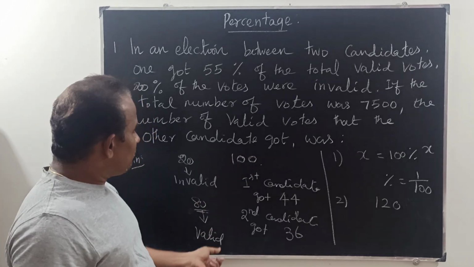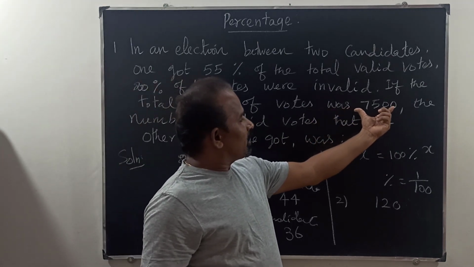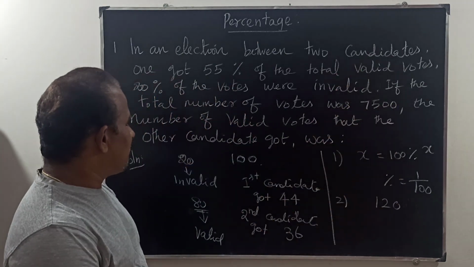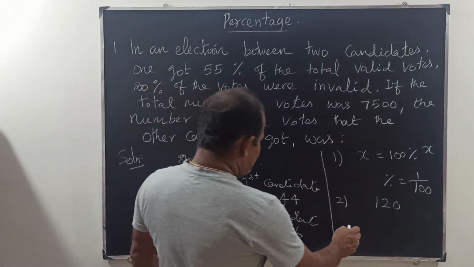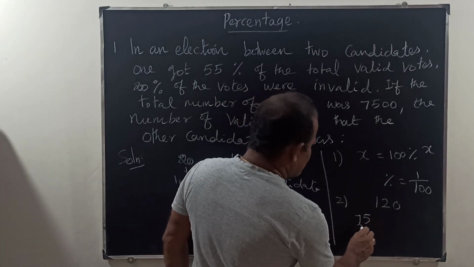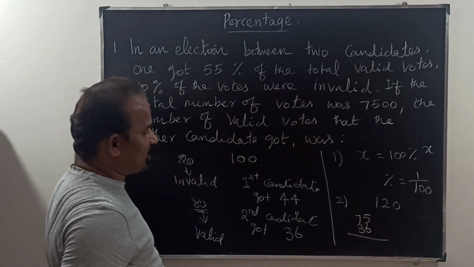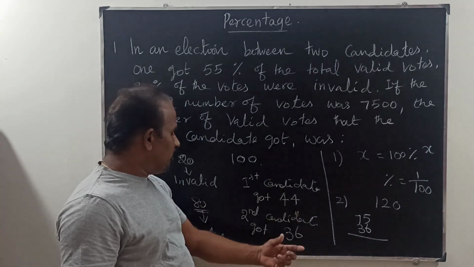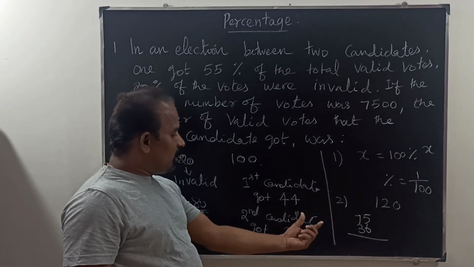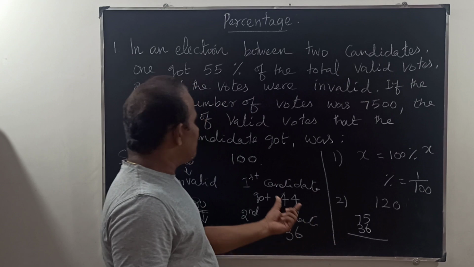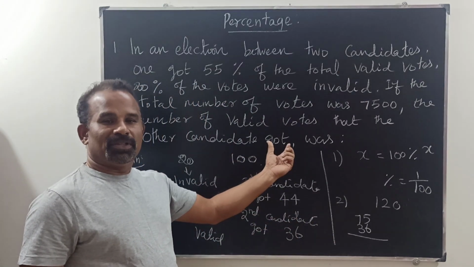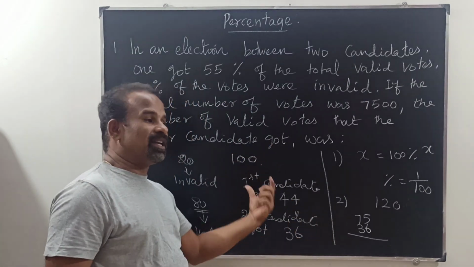Now the total vote is actually 7,500, so we have to multiply. 75 into 36. This is the total number of valid votes the second candidate got.